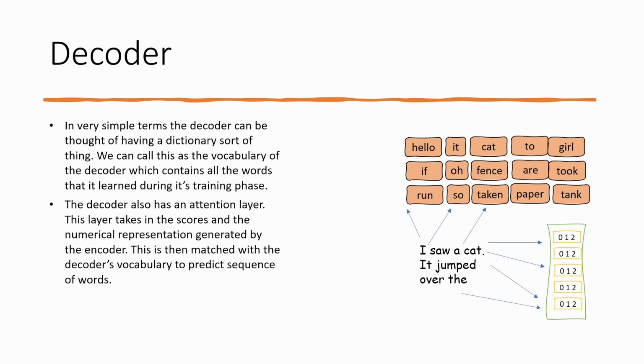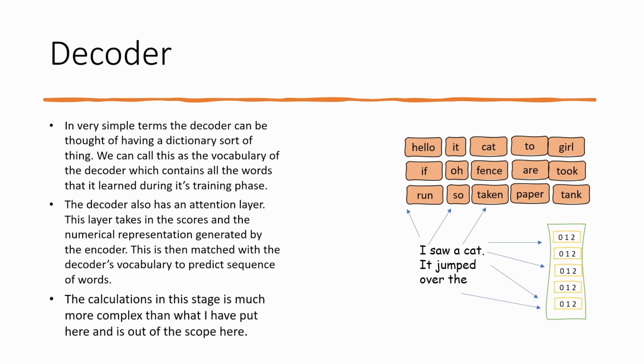Now it takes that sentence and it compares all the words across its vocabulary, the scores generated by the encoder for each and every word in the input sequence, and tries to find out which other words in its vocabulary are closer to this input sequence, and then it finally comes up with the prediction. The calculation in this stage is much more complex, which won't be covered here, but you can get to know more about it from the links provided in the description section.